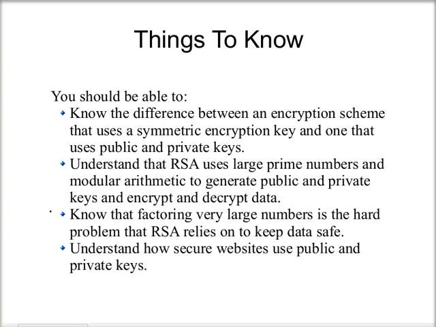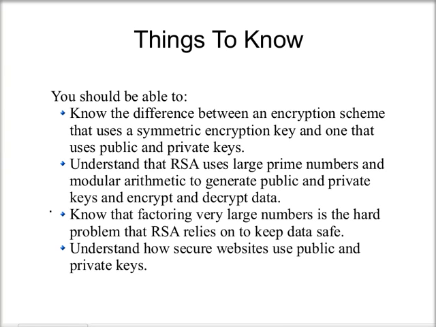Things you should know: you should be able to know the difference between an encryption scheme that uses a symmetric encryption key and one that uses public and private keys. So a symmetric encryption key is enough to both encrypt and decrypt the data. If we have a public and private key encryption scheme, then there are separate keys to encrypt and decrypt the data.